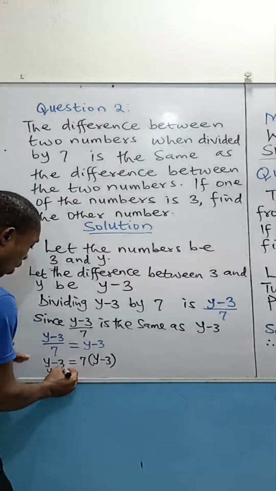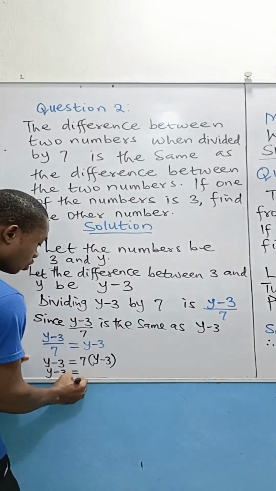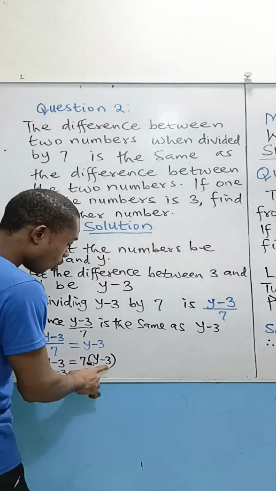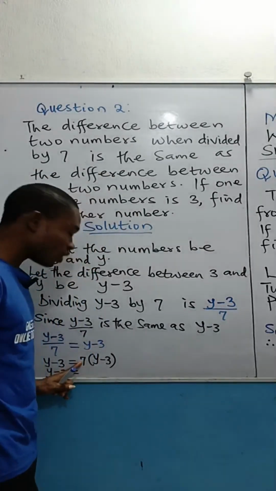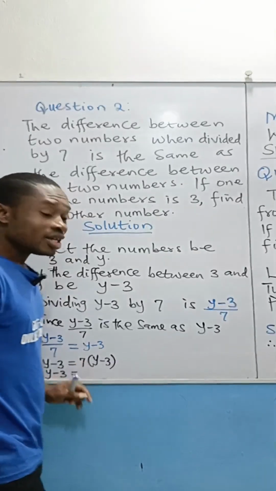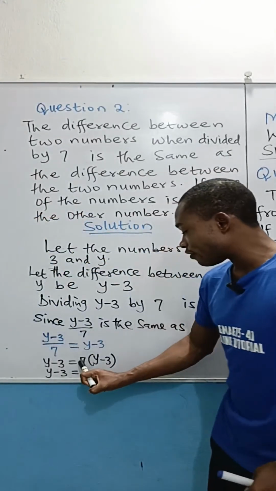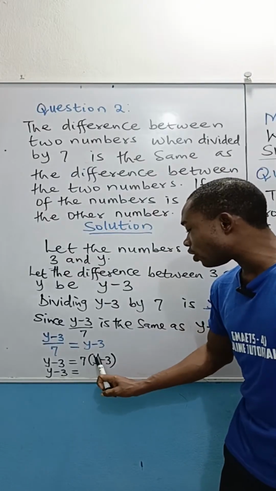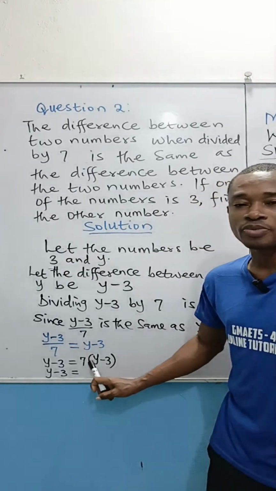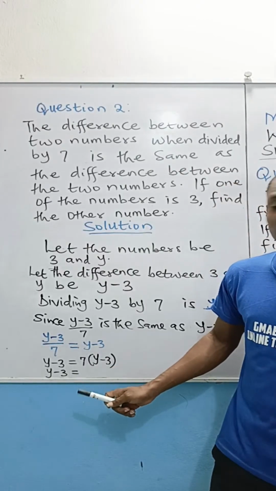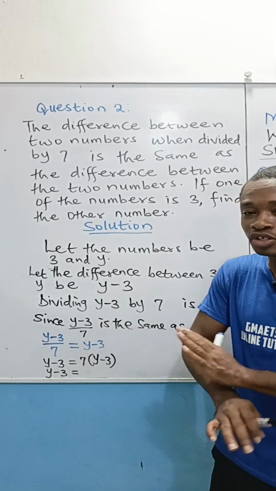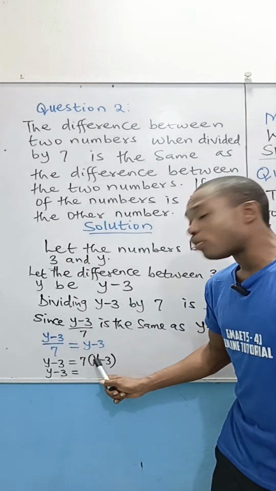So this becomes y minus 3 equal to, use this 7 to multiply what you have in the bracket. This 7 is positive 7. Since that 7 is plus 7, if you are using it to multiply what you have inside the bracket, the mathematical signs you have in the bracket, the plus, the minus, will remain the same. They won't change. This is plus y.